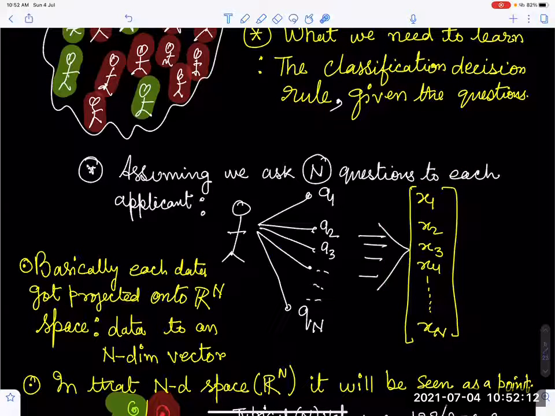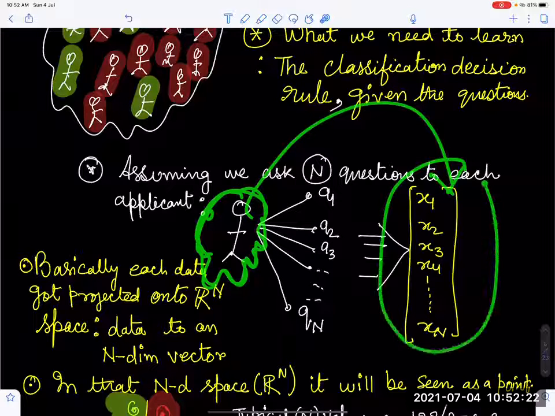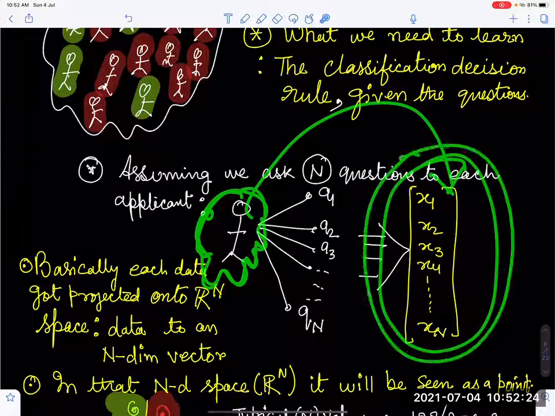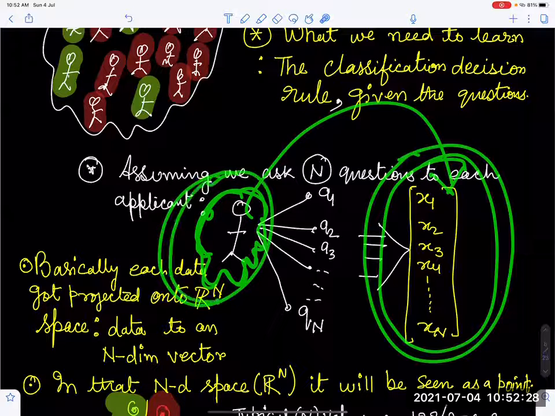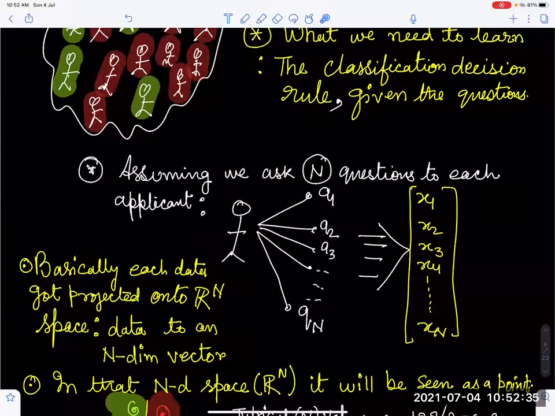Now you see that there is an infinite amount of data in a single data element like Anish Bose, and he is projected into some n-dimensional space where this single data point, which has an infinite amount of information, is represented as a single point.